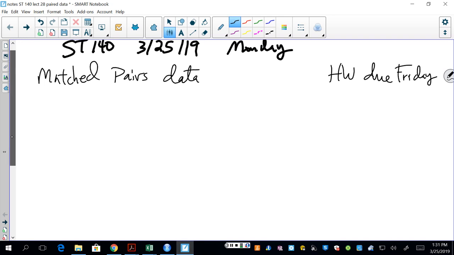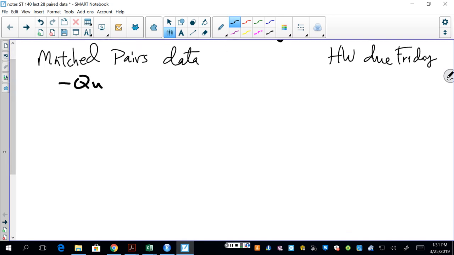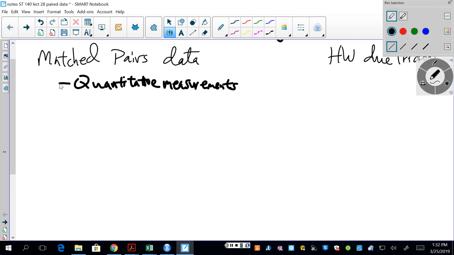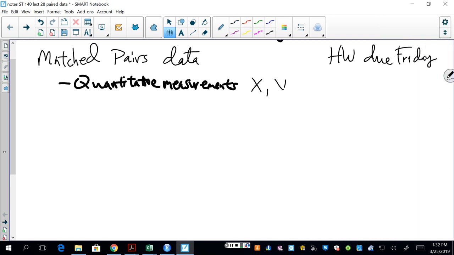So in matched pairs data, we have quantitative measurements X and Y. And we have n subjects in all, and each variable is measured on each subject, or each pair, right? Subjects, pairs, like that.